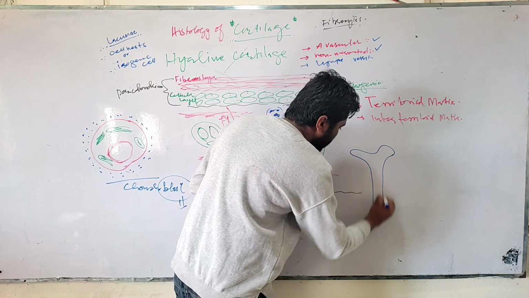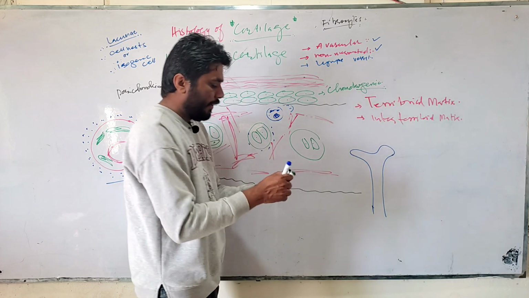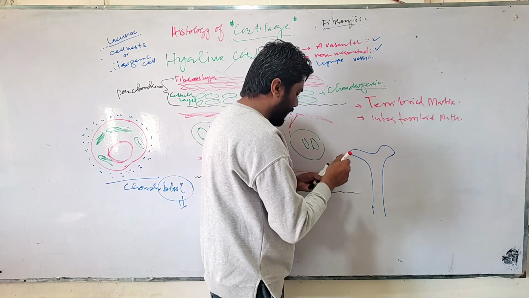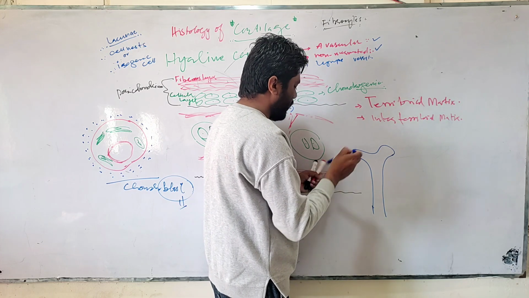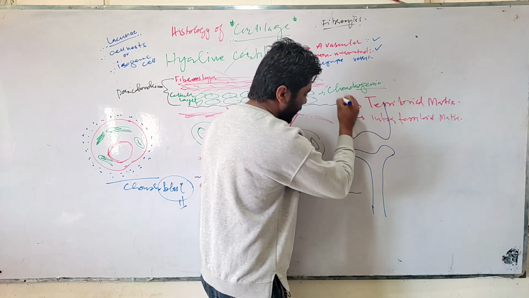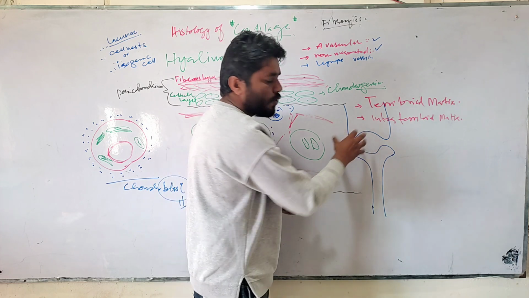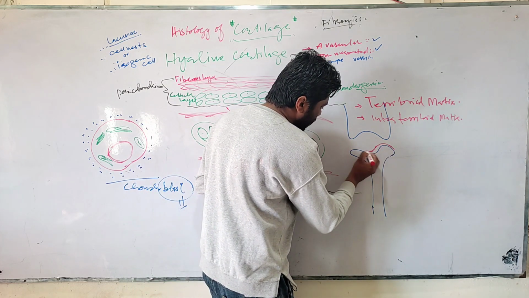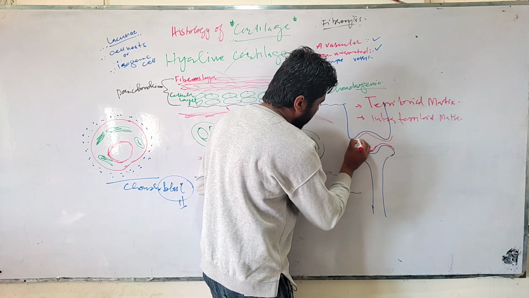If this is a bone, let's draw another bone up here. Listen again carefully, this is important. These are two bones that will join each other. On the articular surface of the bone, they have a cartilage.